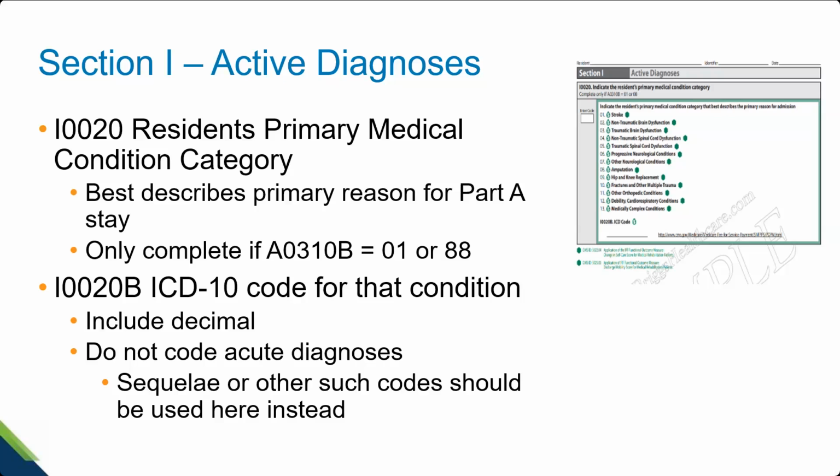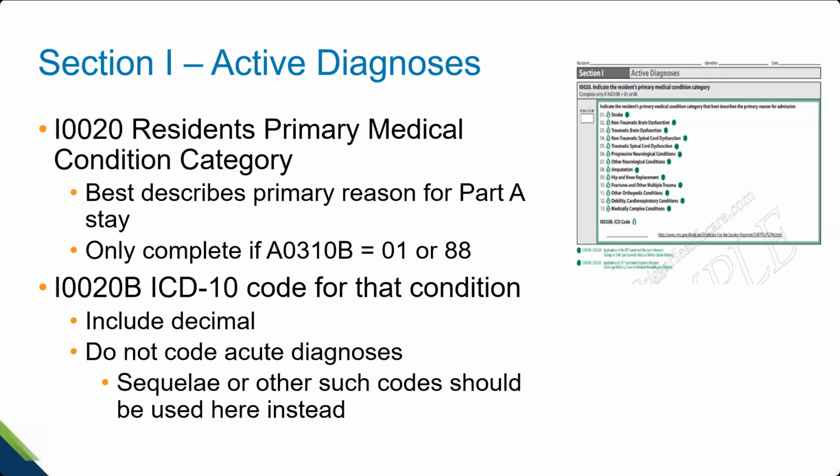Then you proceed to the I-0020B and you enter the ICD-10 code for that condition. When an acute condition represents the patient's primary reason for the resident's SNF stay, it can be coded in the I-0020B.